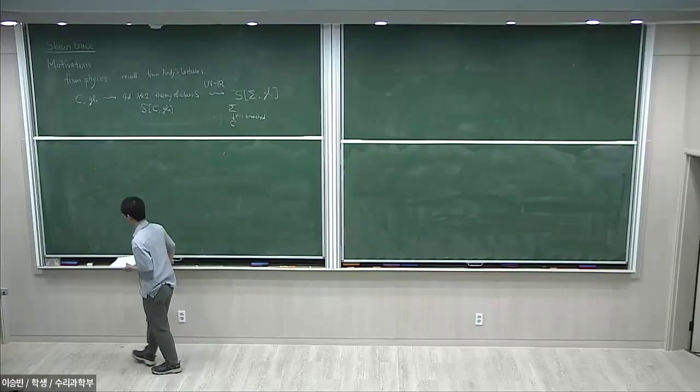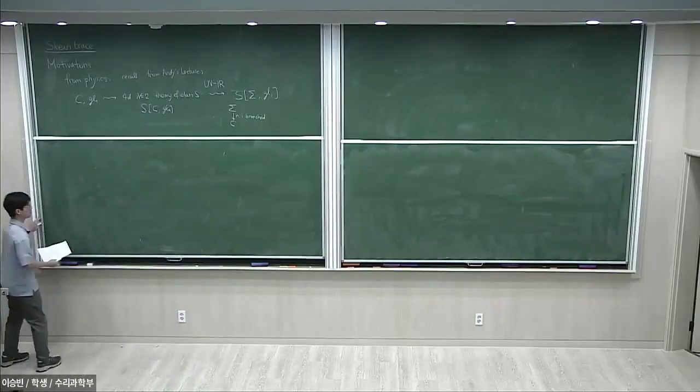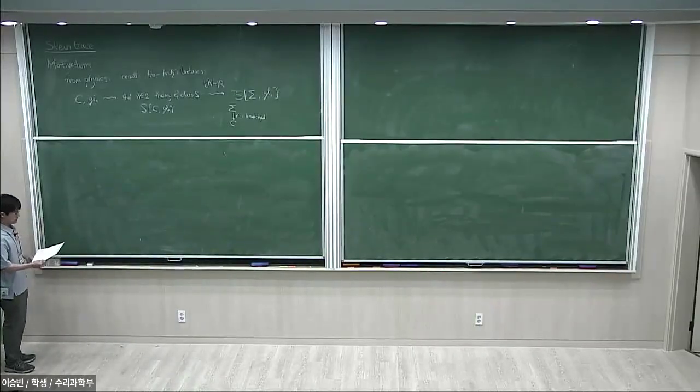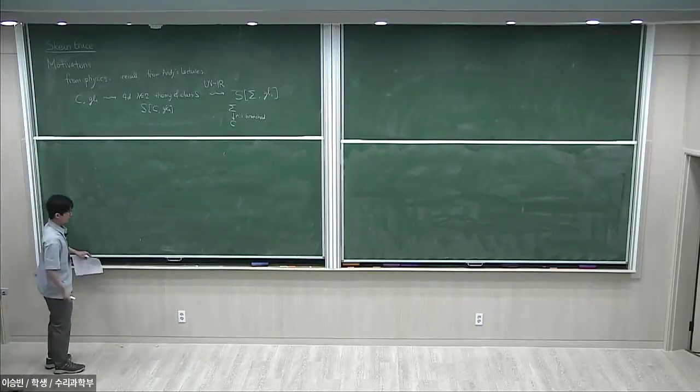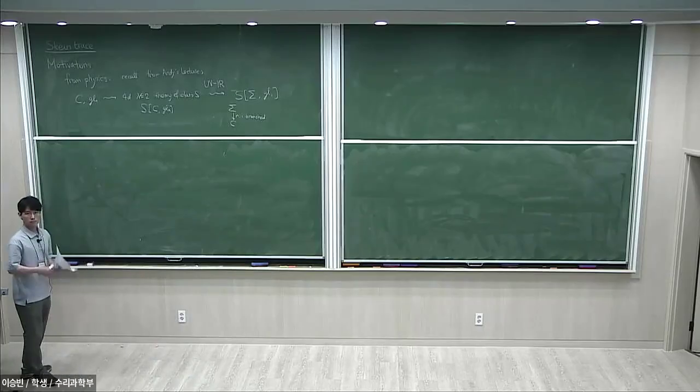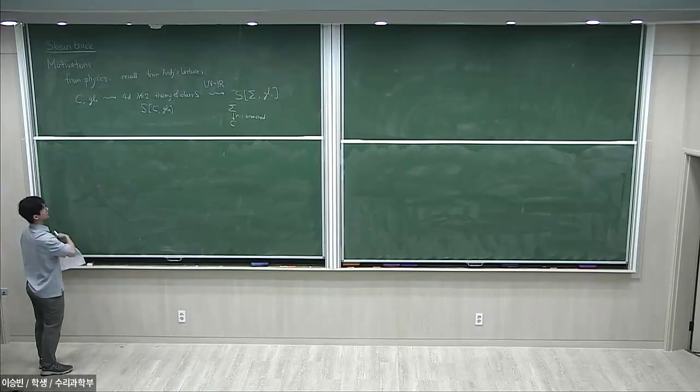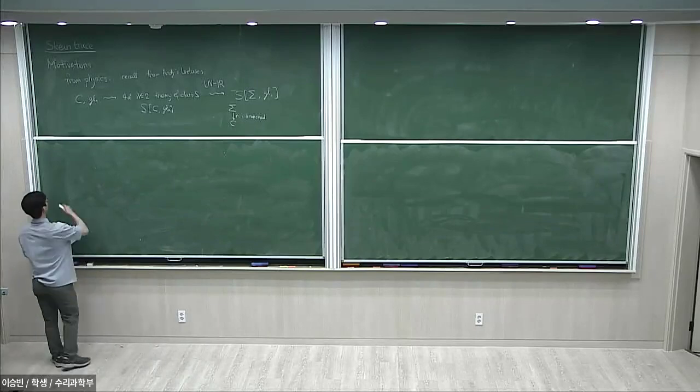So as we've been seeing throughout this week, the class S theory is an interesting theory, but one of the aspects that I'm interested in is its line defects. And the class S theory carries the category of line defects.